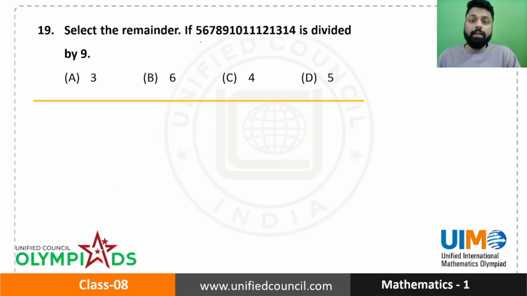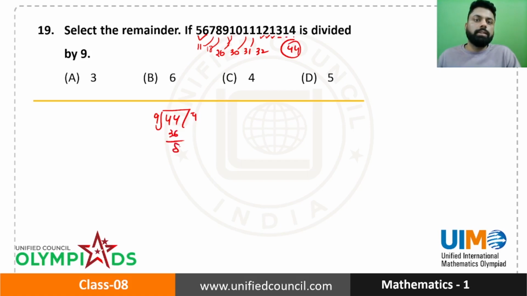Select the remainder when this is divided by 9. So for 9, we need to find out the sum and divide it by 9 and get the remainder. 5 plus 6, 11 plus 7, 18 plus 8, 26 plus 9, 35, 36, then 39, 40, 44. So the sum is 44, 44 divided by 9, 9 times 4 is 36, 8 is the remainder.